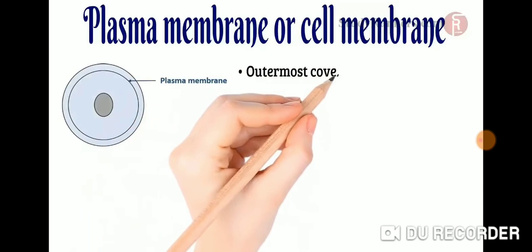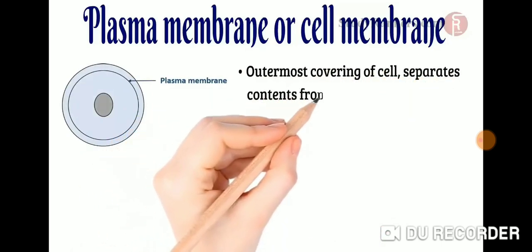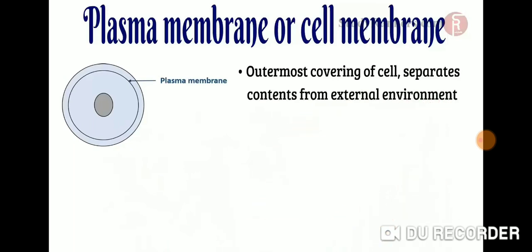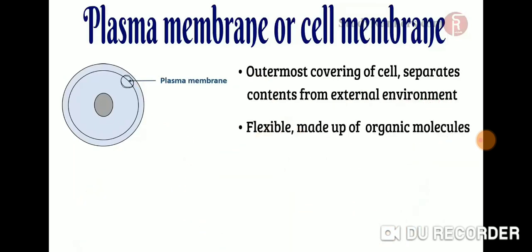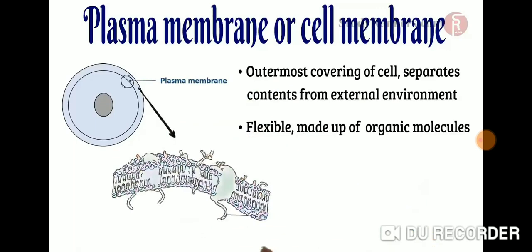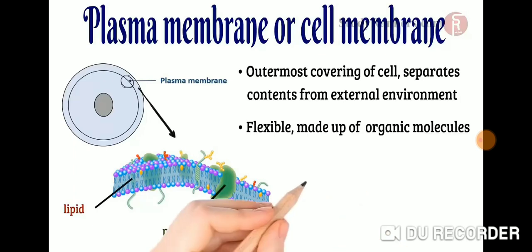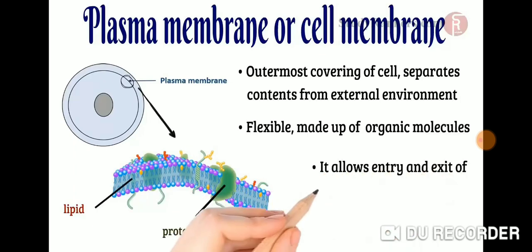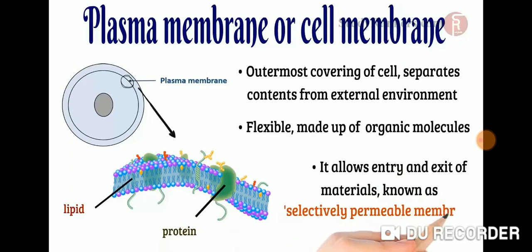This is the outermost covering of the cell that separates the content of the cell from its external environment. It is flexible and is made up of organic molecules called lipids and proteins. It permits the entry and exit of some material in and out of the cell, so the cell membrane is called a selectively permeable membrane.